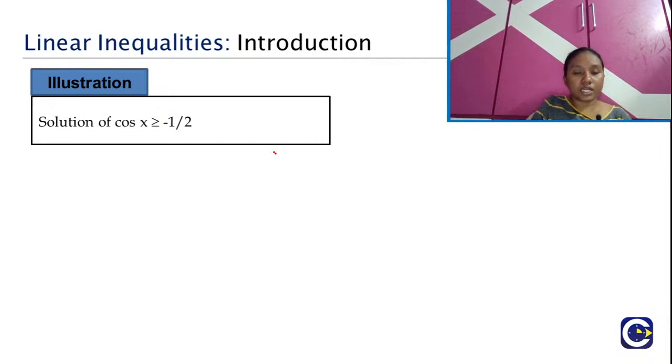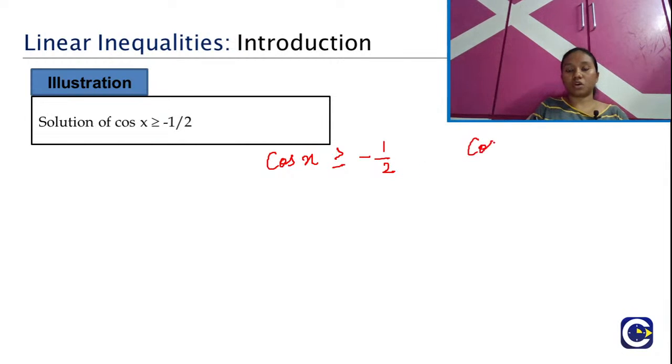What is the inequality given here? cos x greater than or equal to minus 1 by 2. First let us take equal to, so cos x equals minus 1 by 2. What is the x value when cos x equals minus 1 by 2? x will be equal to 120 degrees, that is 2 pi by 3.